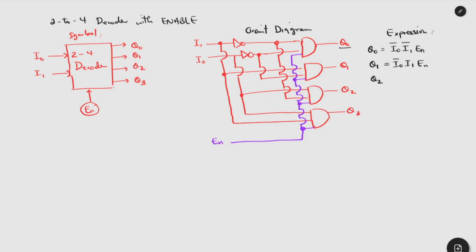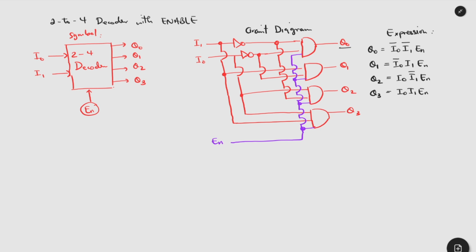And for Q2, we should have I0, I1 bar and enable. And for Q3, we should have I0, I1 and enable. And with the definition for the AND gate, which is connected to produce the output, if the enable is low, that means Q0, Q1, Q2 and Q3 will be low.